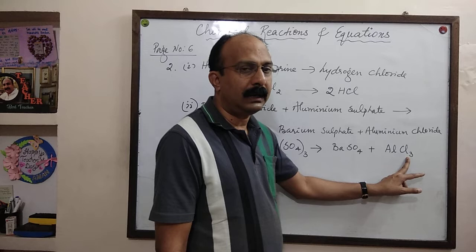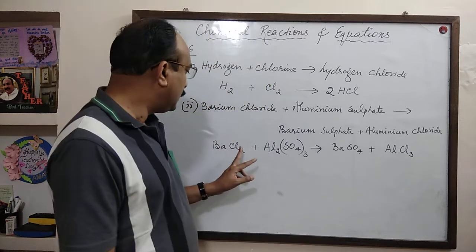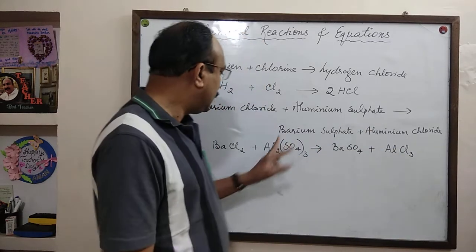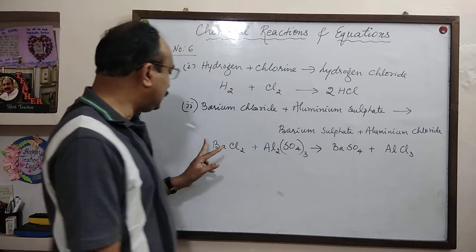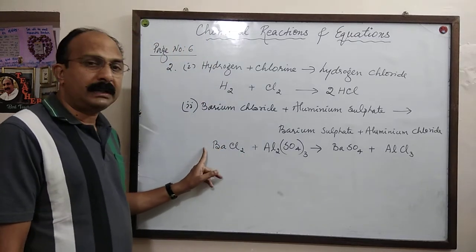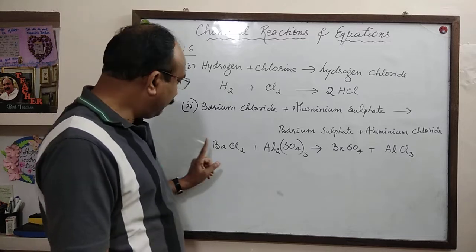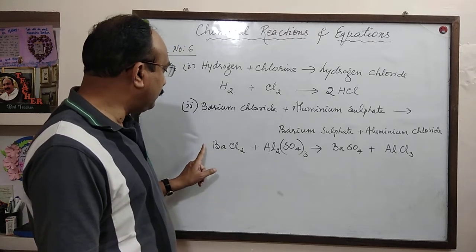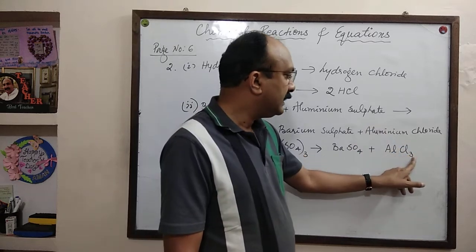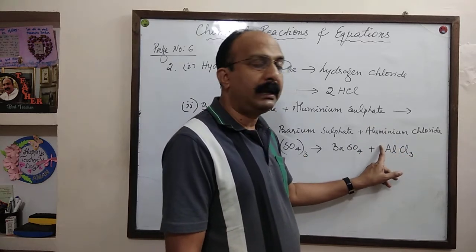Cl2, Cl3. We know that 2 can never be equal to 3 by multiplying with a single number. The first number that we can try is 2. When we write 2 here, it will become 2Cl2, that means 4. But here the problem is that 3 can never be made 4 by writing any number.